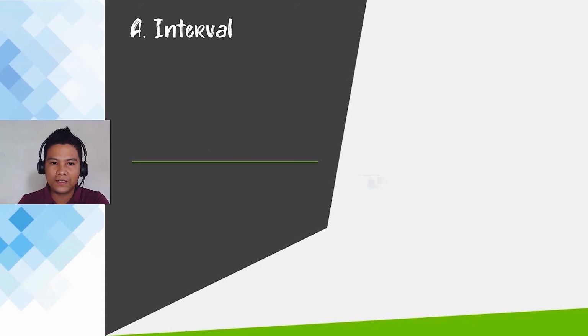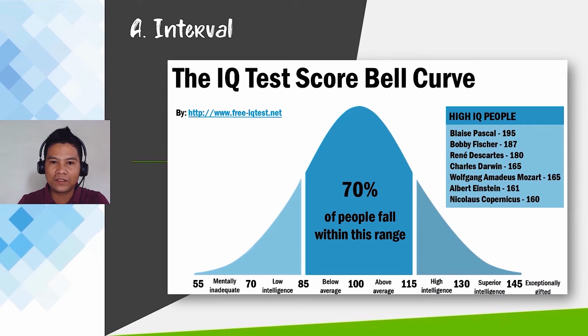Let's take this example, the IQ test score bell curve. If you notice, 55 to 70 mentally inadequate, 70 to 85 we have low intelligence, 85 to 100 below average, 100 to 115 above average, 115 to 130 high intelligence, and more.